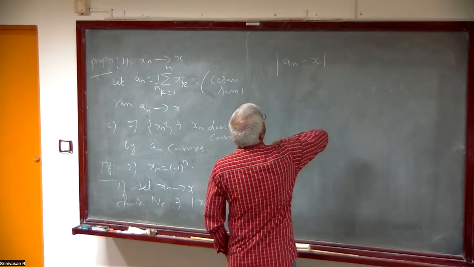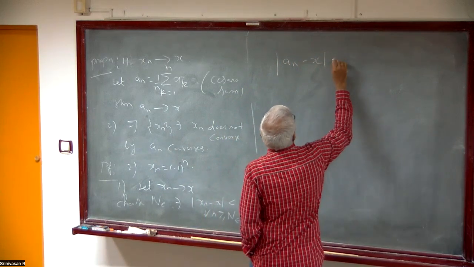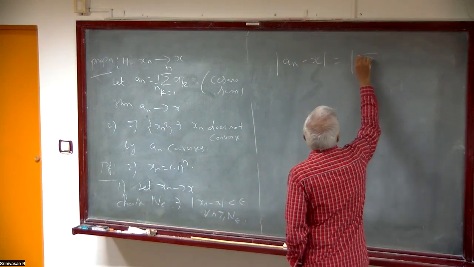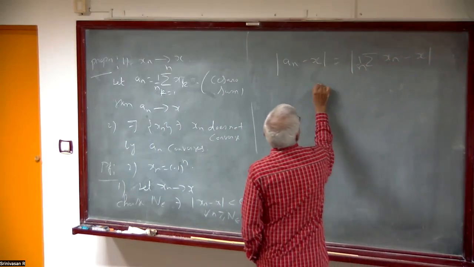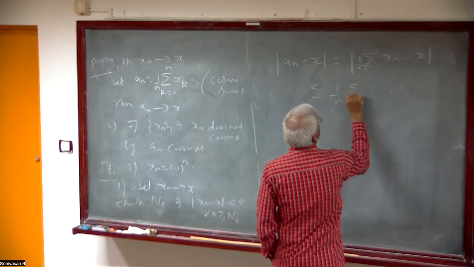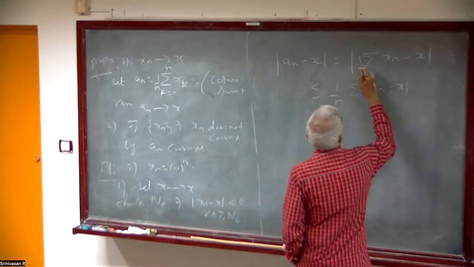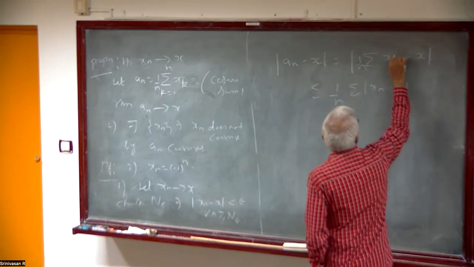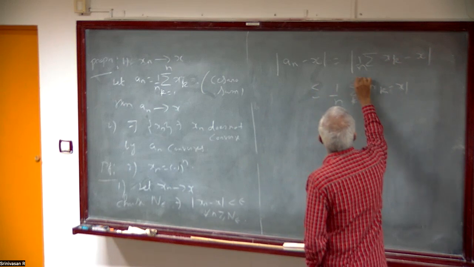We want to write a_n minus x equal to the summation of 1 by n (x_k minus x), and this is less than or equal to 1 by n summation of mod x_k minus x, k equal to 1 to n.